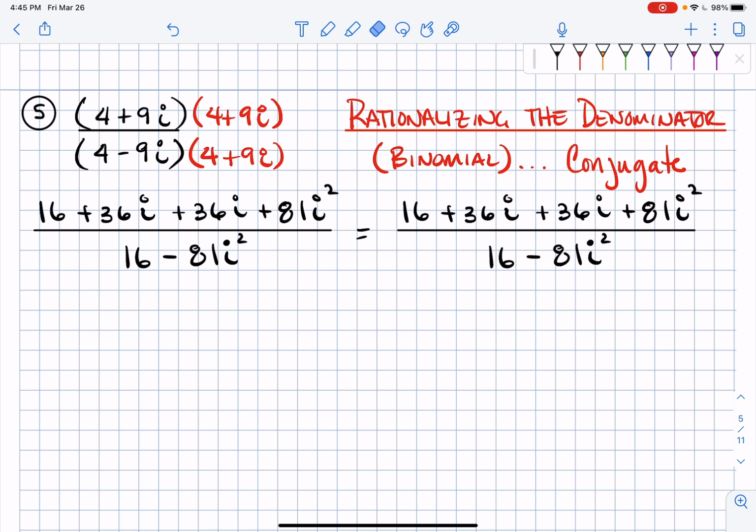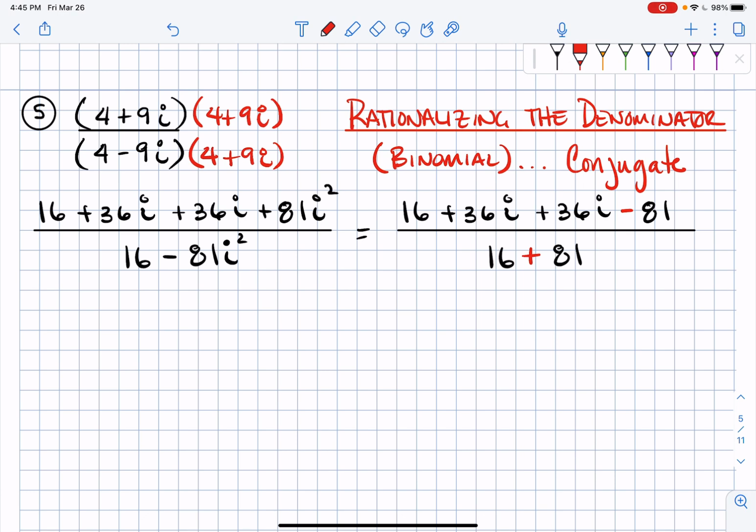So essentially, this i squared is going to take out that positive and make it negative. And this i squared is also going to make this negative a positive, right? It's going to flip the sign because it's -1. So -81 times the -1 would be a positive 81 now.